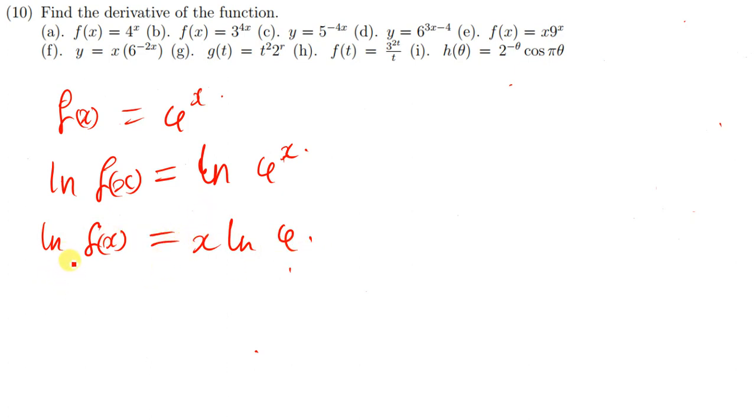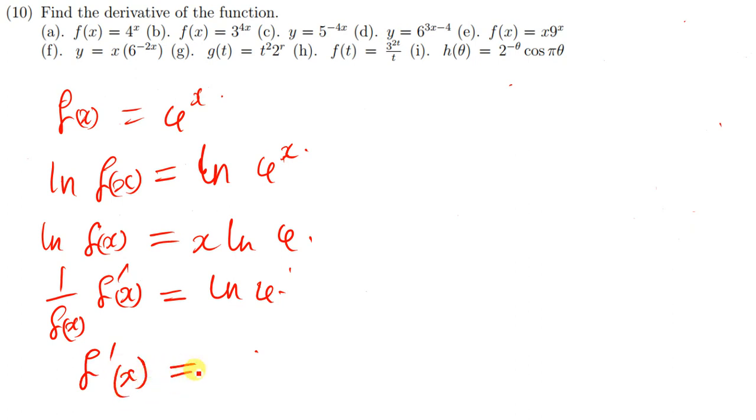When you differentiate this, the first part here, you're going to get 1 over f of x, times f prime of x, is equal to, this side you just get ln 4, like I explained. On this other part, we can cross multiply to leave f prime of x alone on this side, which will be f of x multiplying ln 4.